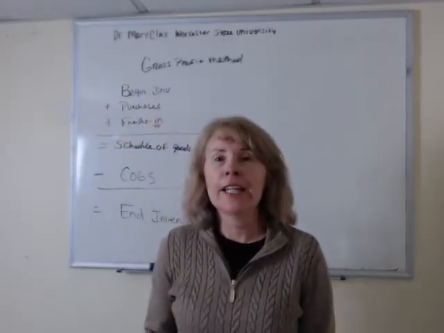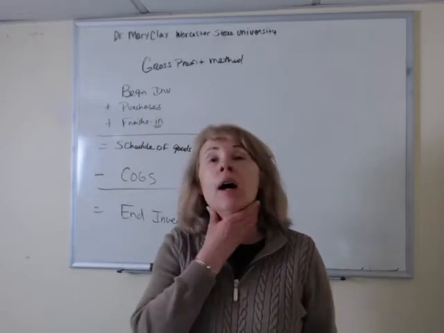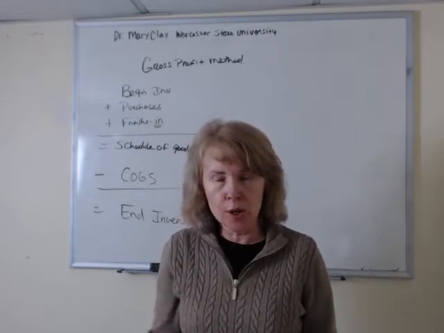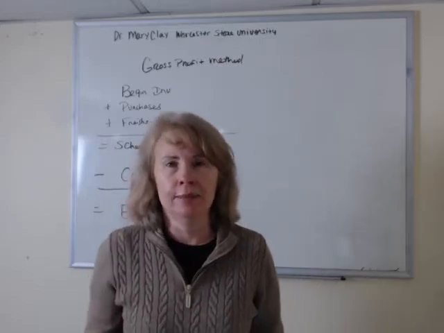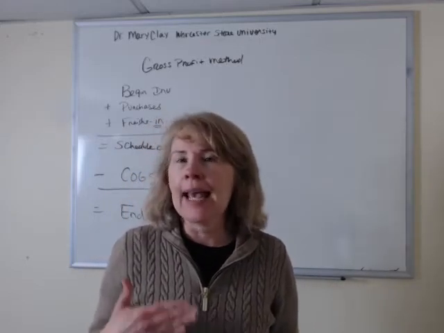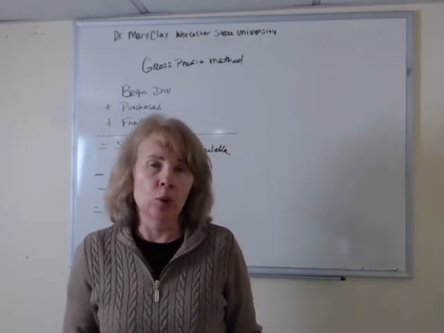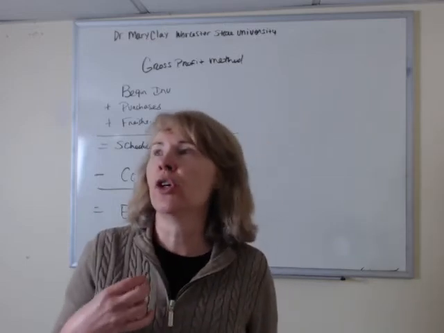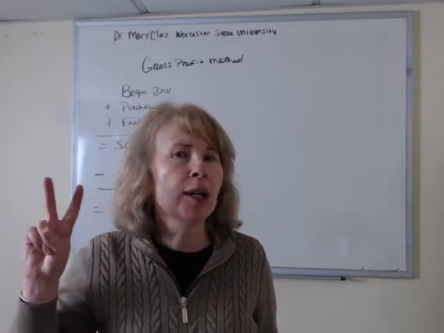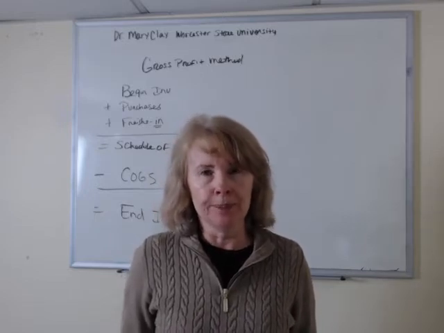Everyone, in this video I am going to go over how to figure out a problem using the gross profit method. The gross profit method is a way to estimate ending inventory. Why would you want to estimate ending inventory? Well, maybe management just wants to forecast what ending inventory would be.